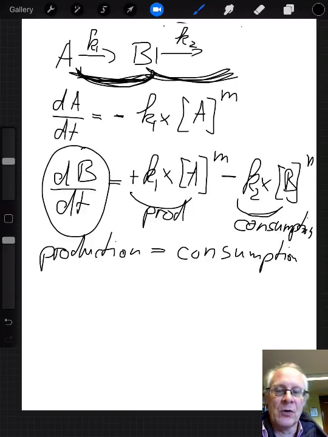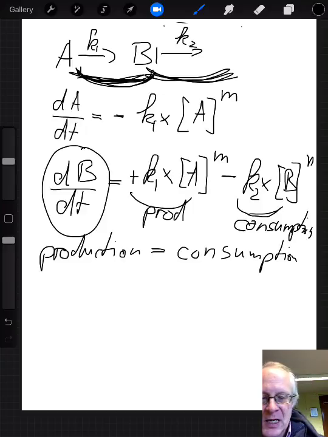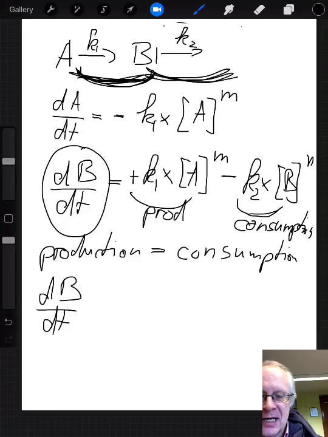We get 0, because obviously production and consumption cancel each other out. What does that actually mean? Alana is right, dB over dt equals 0.